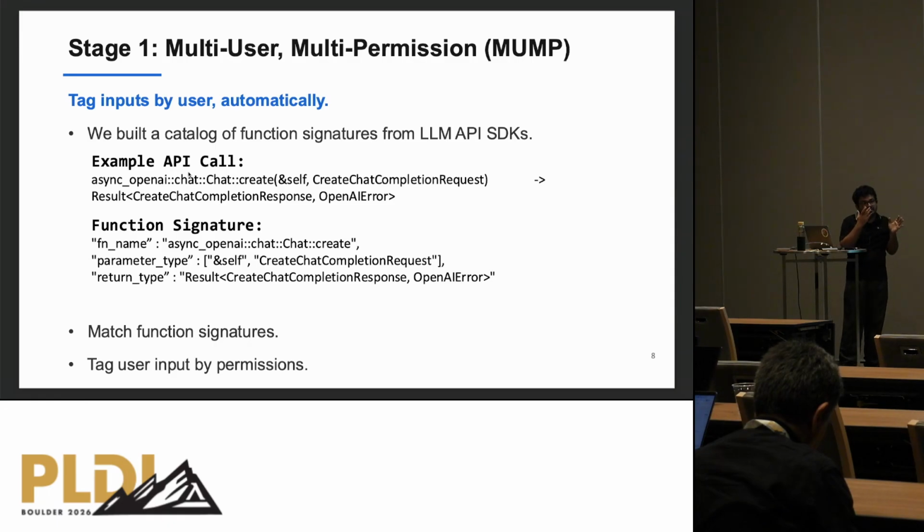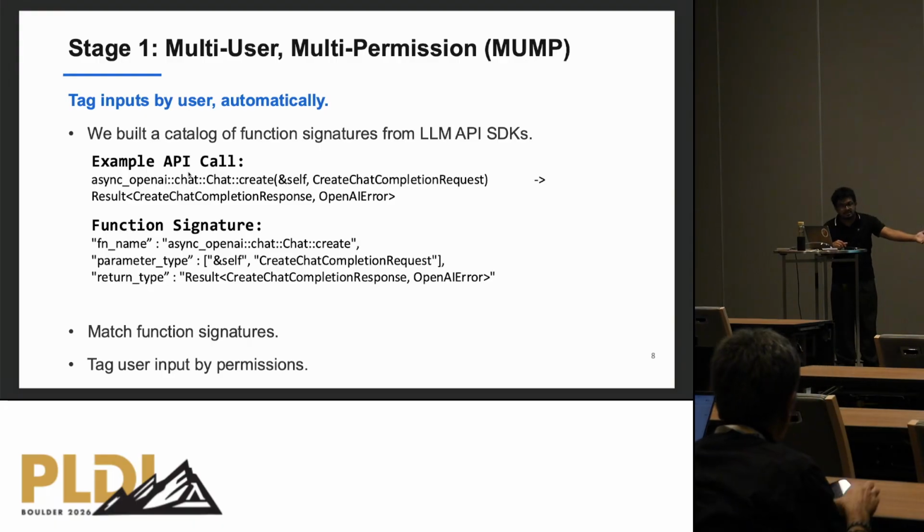These function signatures are similar across all of the LLM API calls in that specific language, for that specific LLM provider. For OpenAI, this will be standard across all of the Rust examples. For Python, there will also be function signatures for OpenAI. For Gemini, there will be other types of function signatures.